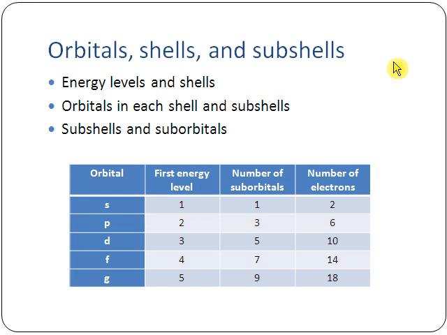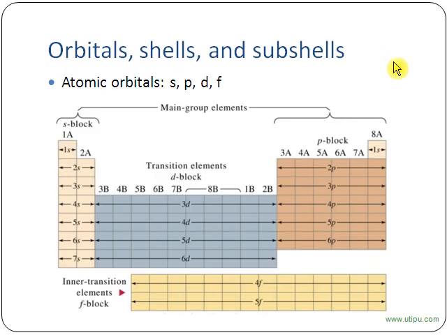Now within each subshell, there are a certain number of suborbitals. If we go back for a section, we'll see how many electrons fit into the s orbital. We go 1s, and then another 1s before we go to 2s. Then 2s, then 3s. There are always 2 that fit into our s orbital. So the s orbital is considered to have one suborbital.